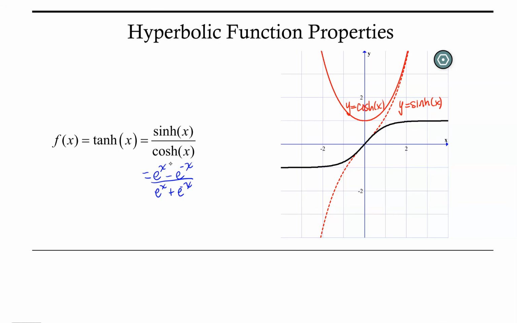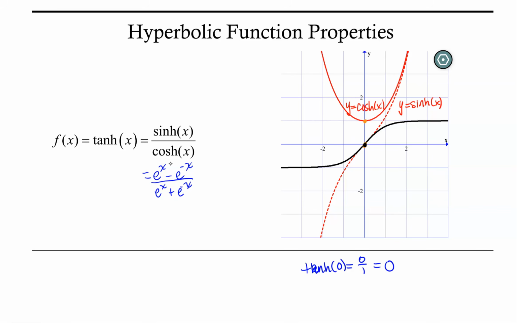We can see that borne out, for example, at x equals 0. At x equals 0, the sinh function we can see is 0. And we can also see that the cosh function is 1. So from our graph, we can deduce that the tanh of 0 is 0 over 1, or simply 0. And we see that point where this curve crosses both the x and the y axes.